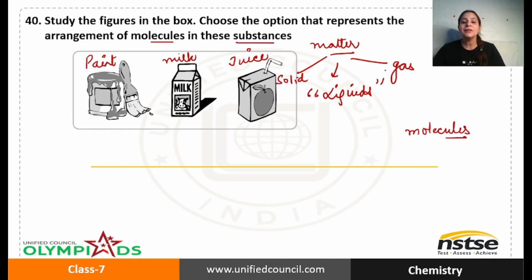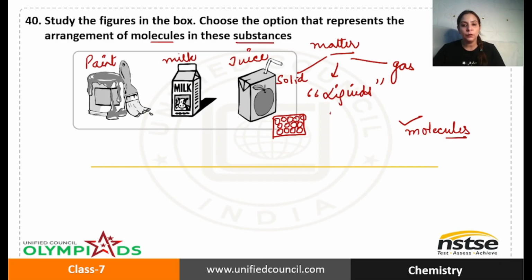And all these 3 states differ from each other in accordance with their properties, and those differences occur just because there is a difference in the molecular arrangement. If you look at solids, you will see that particles are very, very tightly packed. They are so compactly packed, there are no spaces between them. That is why solids are hard, they are rigid, they have high melting and boiling points.